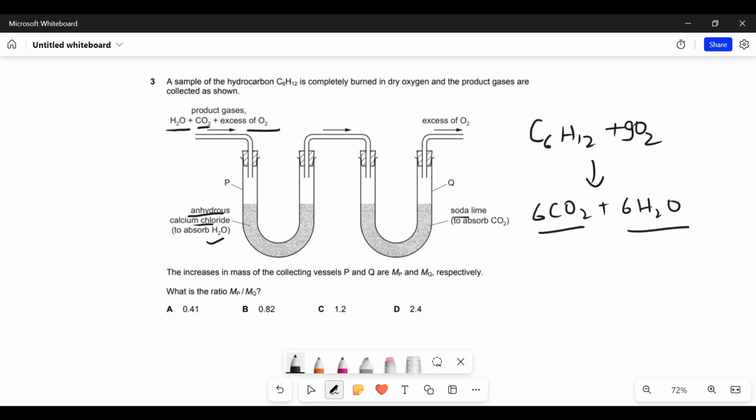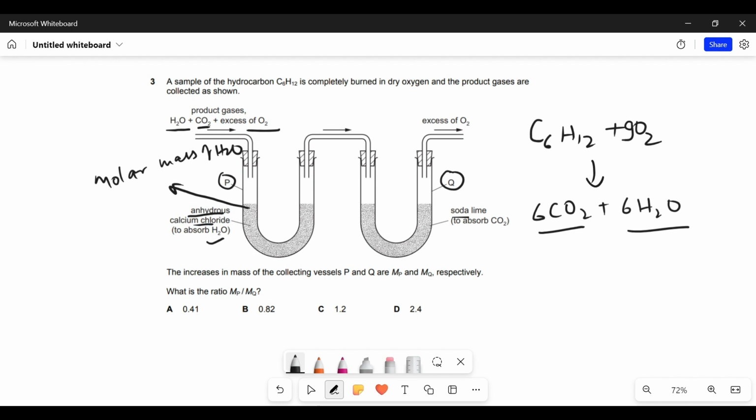Now the question is asking the increase in mass of the collecting vessel P, this is vessel P, and Q, this is vessel Q, are MP and MQ respectively. What is the ratio of MP and MQ? We know that the increase in mass of MP will be because of absorption of H2O, and that means it will be in multiples of molar mass of H2O, because water has been absorbed.